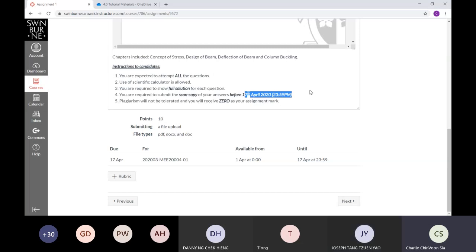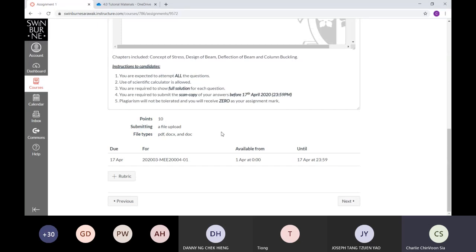Submit through Canvas. How to submit? Just upload the file in either PDF or Word document format. For this assignment, you don't need to type the equations or the solution. All you need to do is take out paper and solve it by hand.